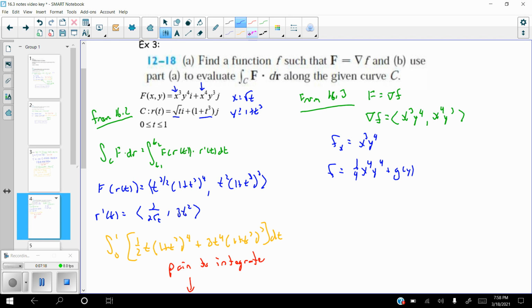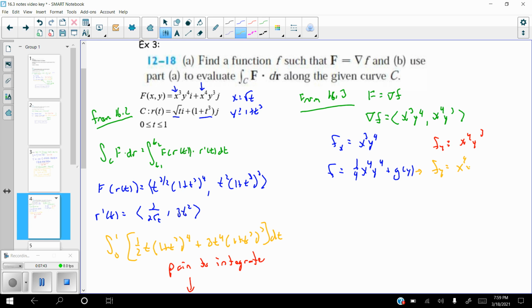We also know that f sub y is defined to be x to the fourth y cubed. Taking the derivative of our f function with respect to y, we bring the 4 out to the front, multiply it by the 1/4, then we reduce the power of the y by 1.